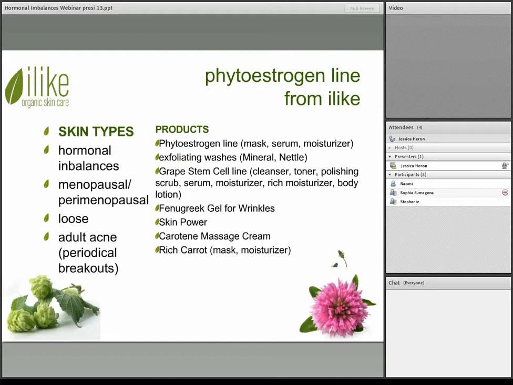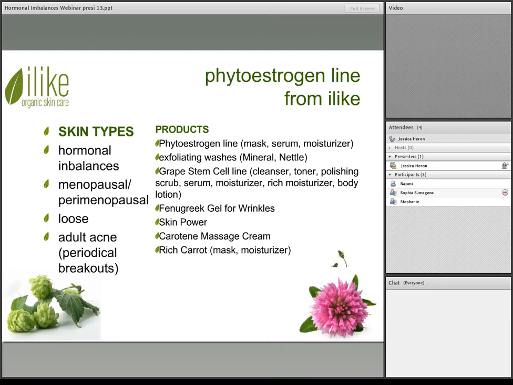The Rich Carrot products, the Rich Carrot mask and the moisturizer. There's two products in the Rich Carrot line. And beginning with the Rich Carrot mask, you have a product that is very hydrating and also very soothing and calming. It's wonderful for very dry, dehydrated, and even sensitive skin associated with hormonal imbalances. Both products contain flaxseed, so there is a tightening and a lifting and an anti-wrinkle benefit.